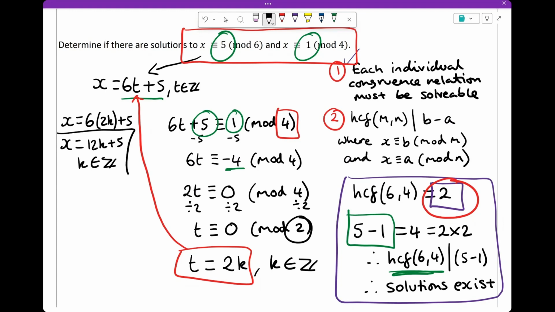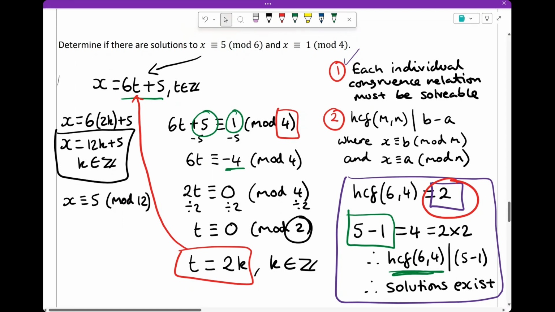Then we can convert this information back into a congruence relation. I can say that x is congruent to, and our remainder is the 5, so I'd write a 5. And then our mod is the value multiplying the k, which is 12, like that. Now I do just want to investigate how this mod 12 links to the initial mods 6 and 4.